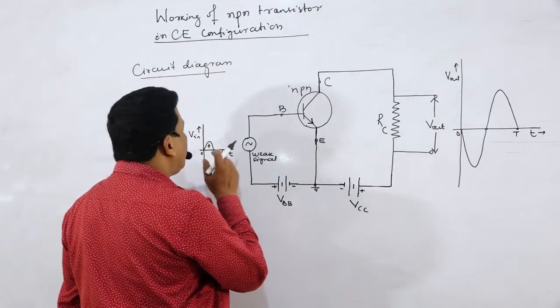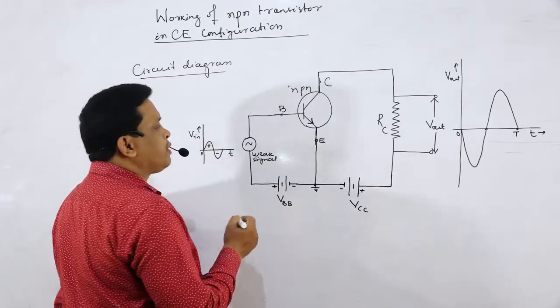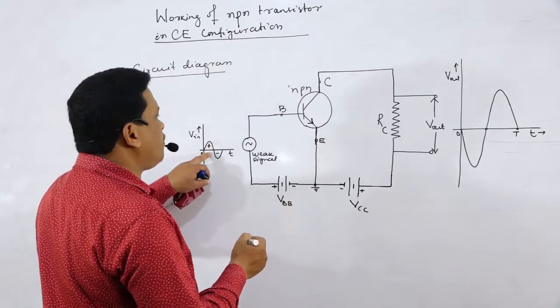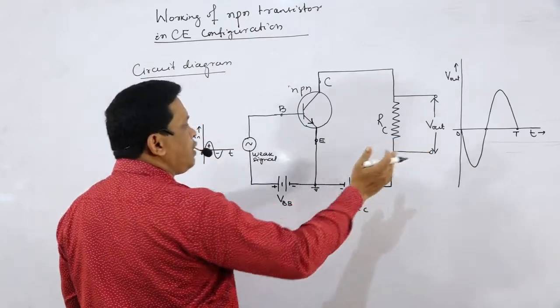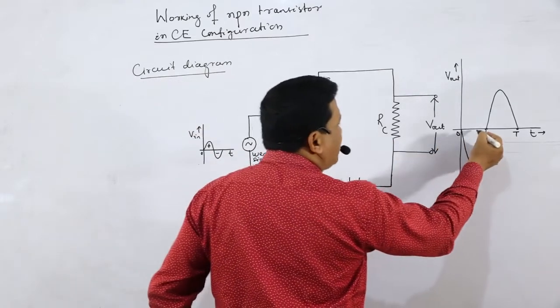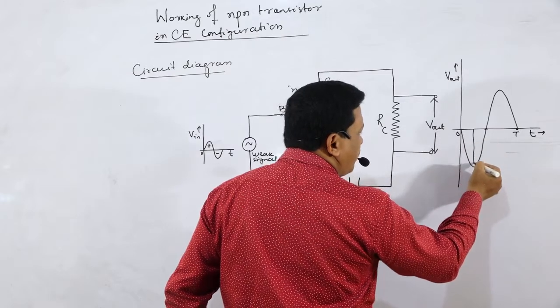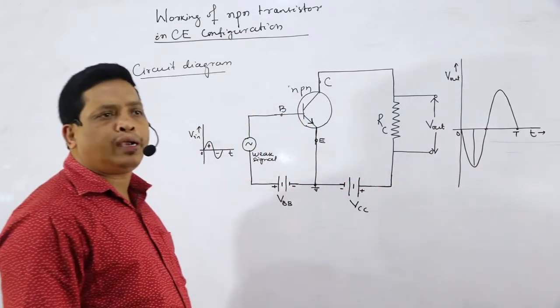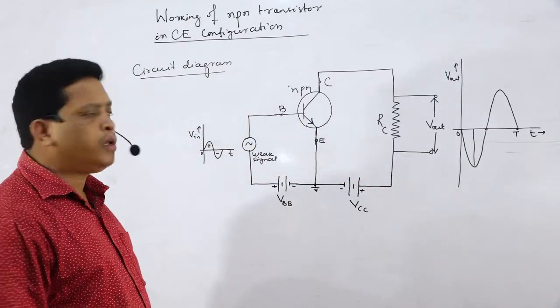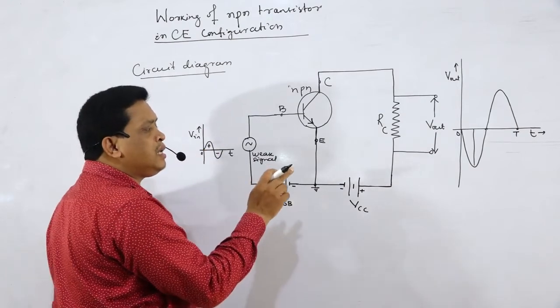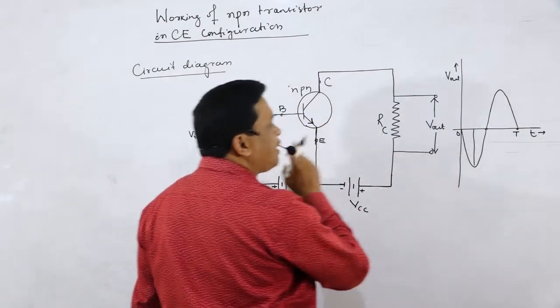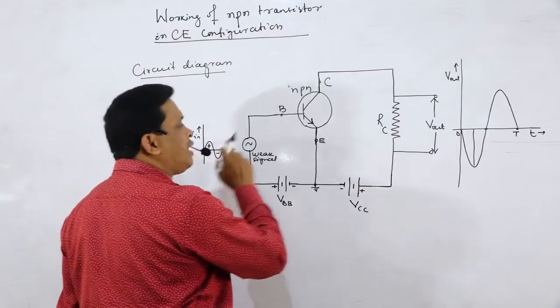Okay, so you find that if you compare the input and output, the output is amplified with respect to input. The output voltage has larger amplitude in comparison to input, but there is a phase difference of 180 degree between input and output.